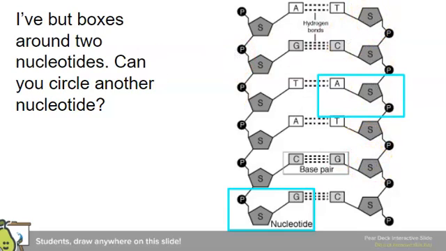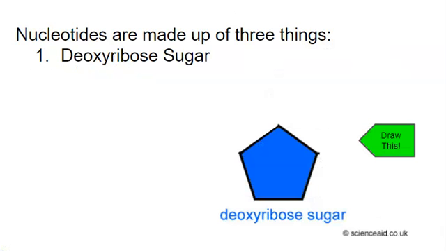So let's talk about what a nucleotide actually is. Okay, so nucleotides are made up of three things. Make sure you write this down. The first thing is what's called deoxyribose sugar. I'll tell you anything that ends in OSE is a sugar.